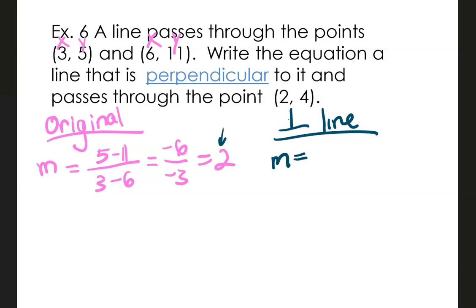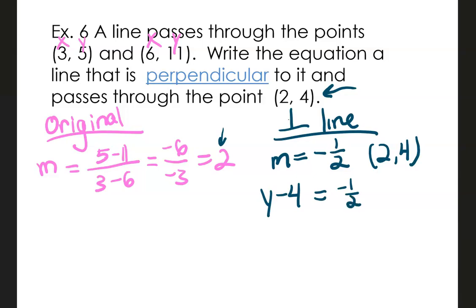So our original slope was 2, the opposite reciprocal of that is negative, and then 2 reciprocates to 1/2. And then we also have to look at what point it has to go through, and in this case it goes through the point 2, 4. Now I substitute these into that point slope formula that says y minus y1 is equal to m times x minus x1.